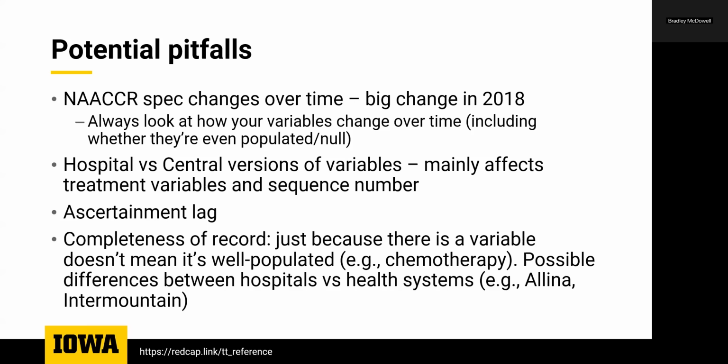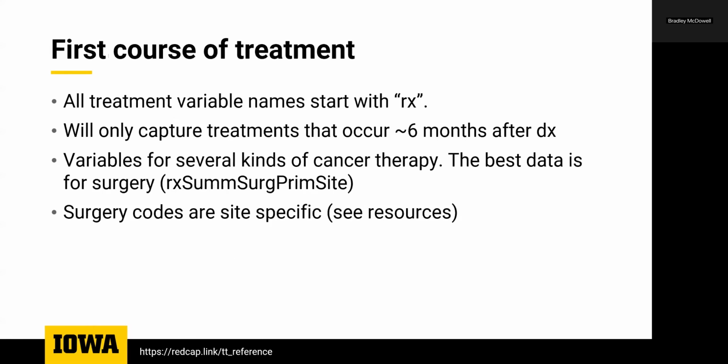I mentioned the hospital versus central versions of variables in terms of the sequence number. You have the same thing for treatment variables as well, but in that case, the central versions are called summary versions. So back here, I talked about RX Summ Surg Prim Site. This will capture ideally all surgeries done at any hospital at all.